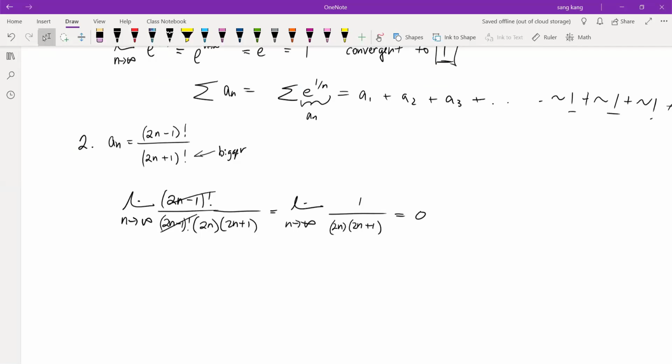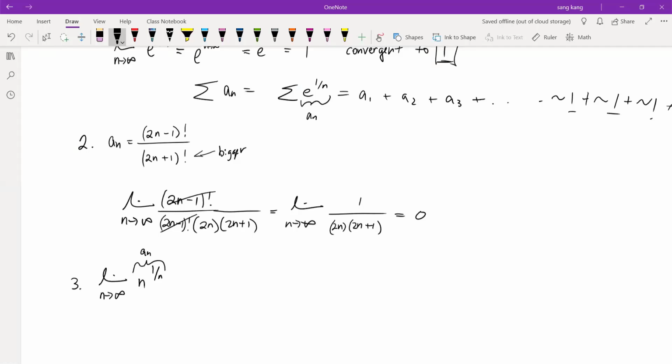Okay, there's a couple special limits that you might run into. And I know we've talked about one of these, n to the 1 over n. So this one, if you apply the limit directly, this is your a_n.